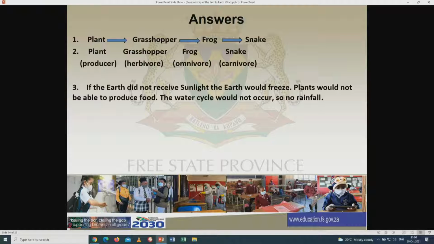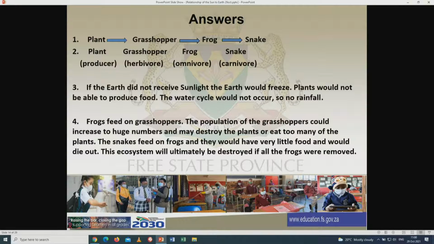The last question was, what would happen if all the frogs were removed from this area? Your answer should be along the lines of, frogs feed on grasshoppers. The population of the grasshoppers would increase to huge numbers and may destroy the plants or eat too many of the plants.